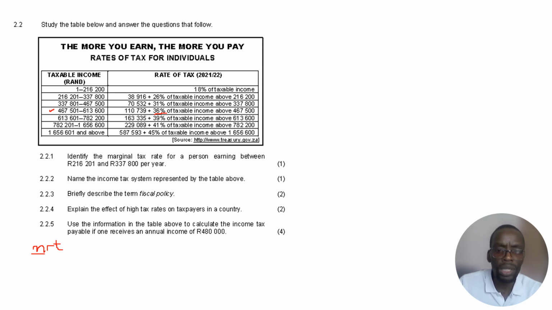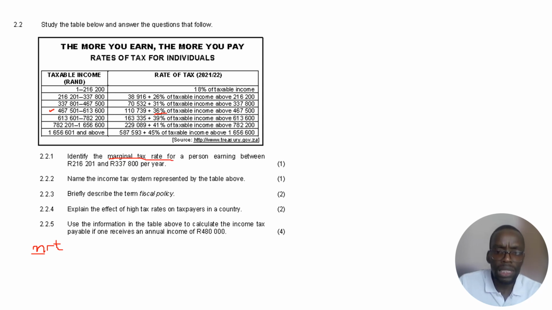Then question 2.2.1 reads, identify the marginal tax rate for a person earning between 216,201 and 337,800 per month. So we must identify the marginal tax rate.